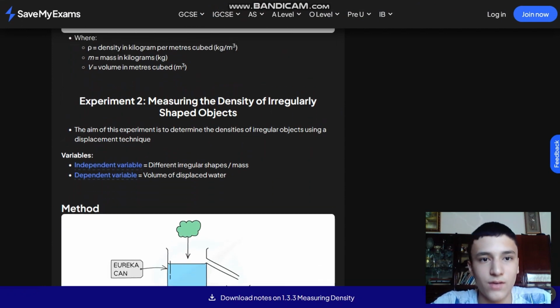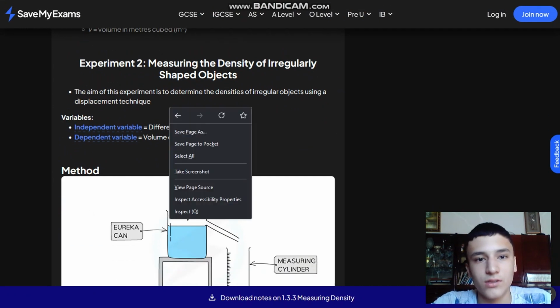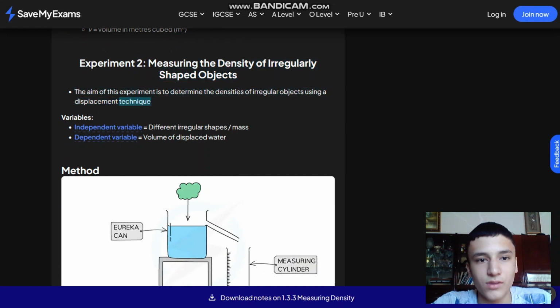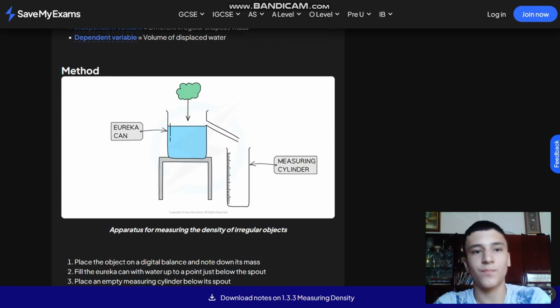Now we have experiment 2, measuring the density of irregularly shaped objects. Again, we have an independent variable and a dependent variable. Now the dependent variable is the volume of displaced water, and the independent variable is the different irregular shapes and mass.